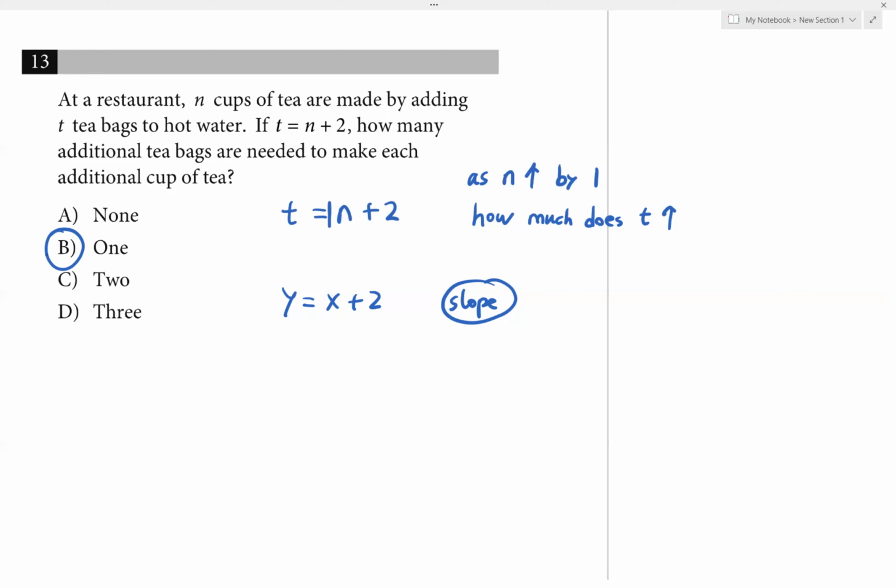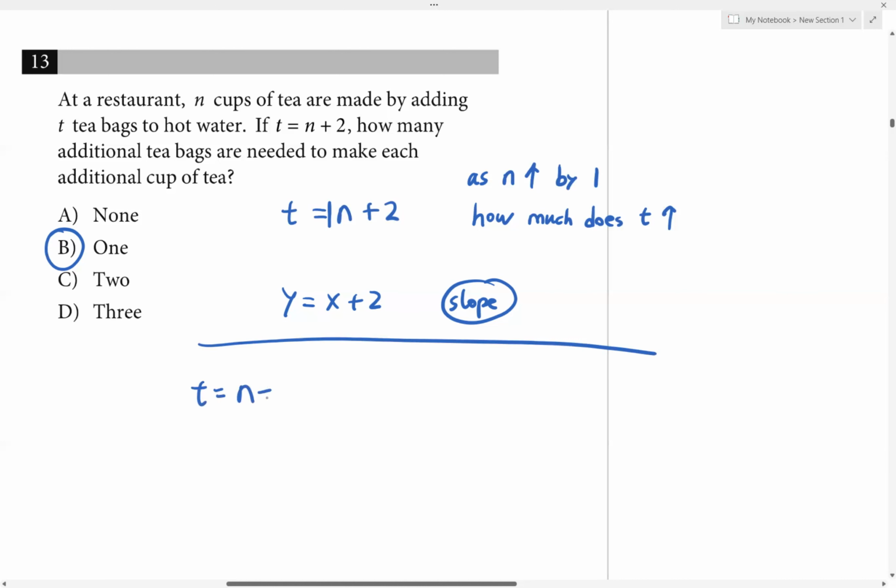We can also do this question by using a test number, and that might actually make more sense for this question. So if we pick some numbers here, let me draw a line here. Okay, so the equation t equal to n plus 2.